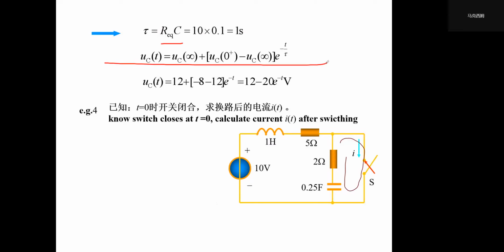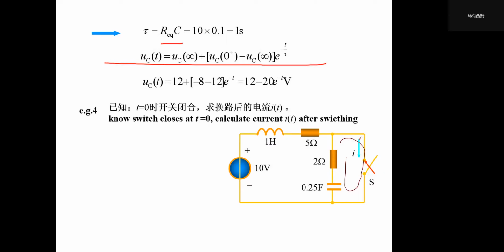Let's see. For this example, after time 0, we close the switch, and we would like to know the current IT after switching. IT is the current running through this branch. Before we close it, the value of IT is 0.